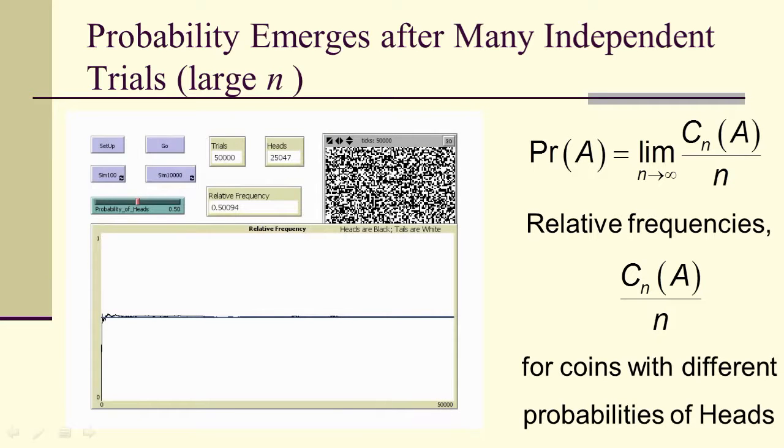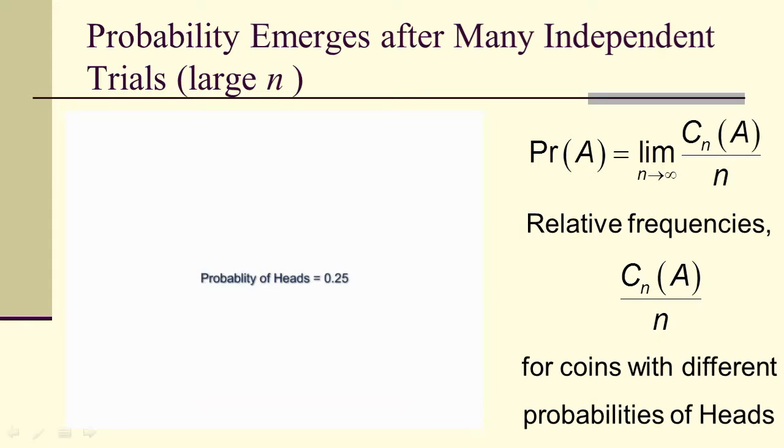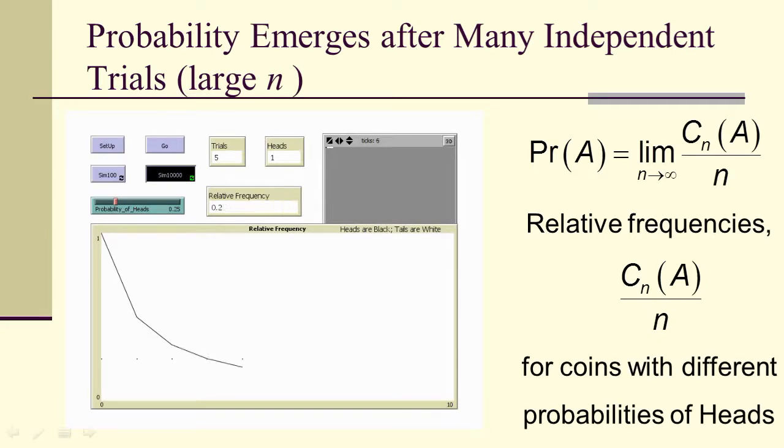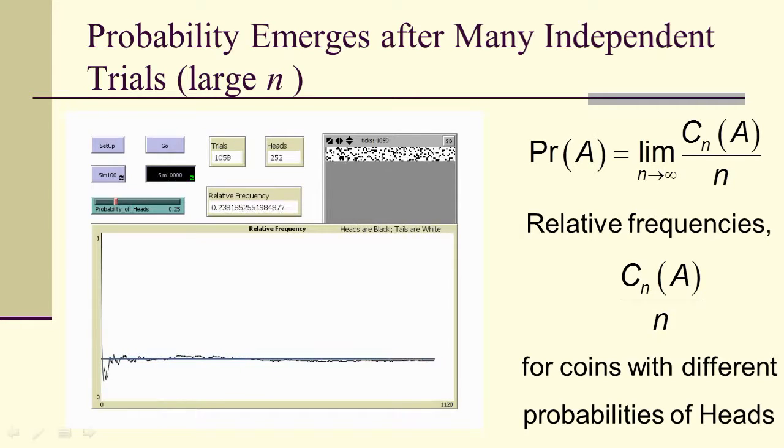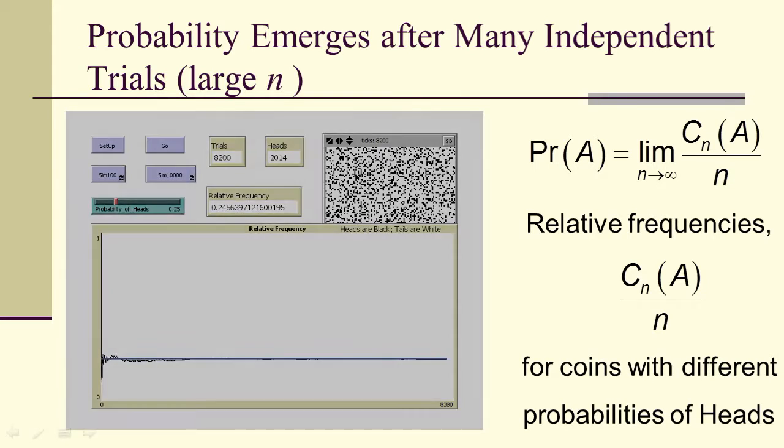You can see that for very large numbers of trials, the relative frequencies become very close to the actual probability. We'll look at it again when the probability of heads is 0.25. Notice again, we don't start out close to 0.25. For a small number of trials, the relative frequencies are not that close to the actual probability. But as the number of trials becomes arbitrarily large, the relative frequencies approach the theoretical probability.